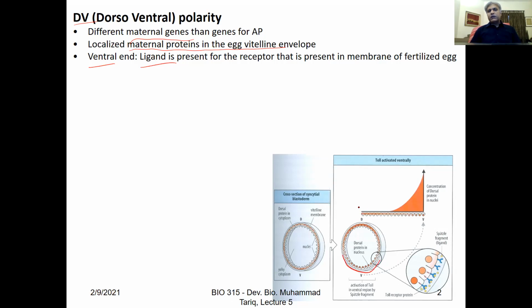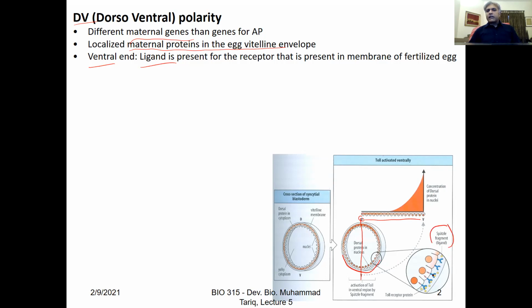Okay, so if we simply half the embryo and draw it on x-axis, this is the dorsal and this is the ventral. So this is how we have drawn. The ligand is called Spätzle.